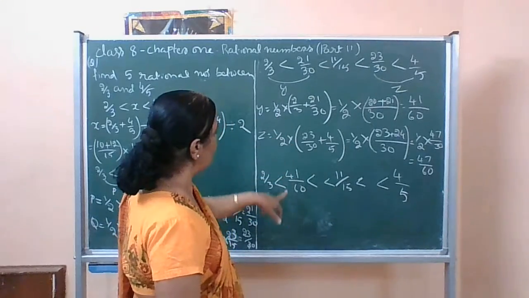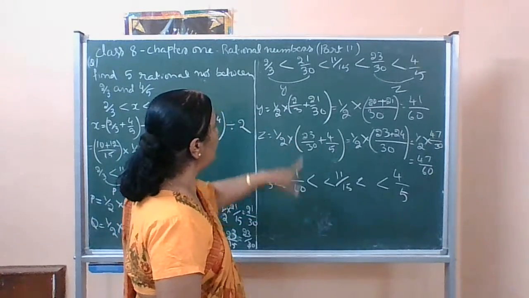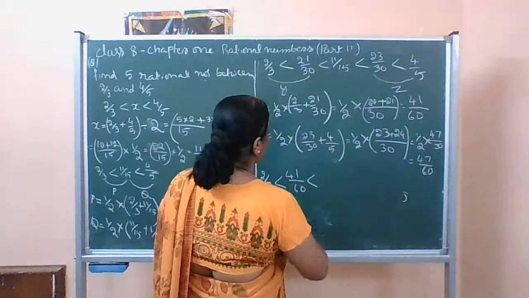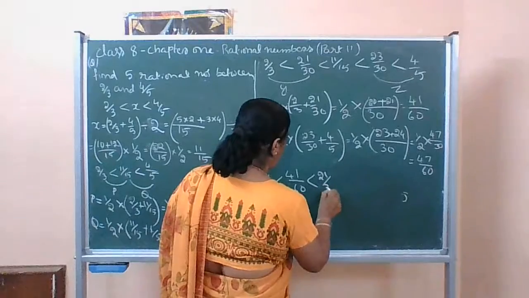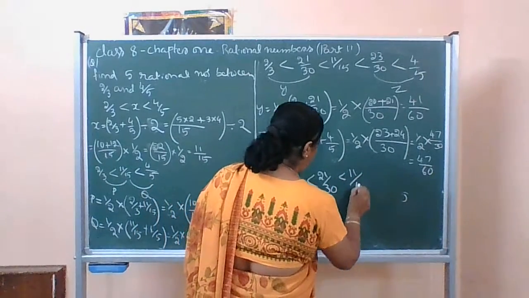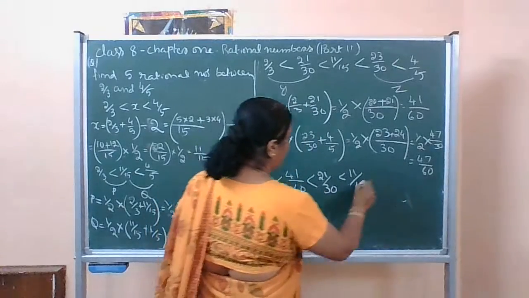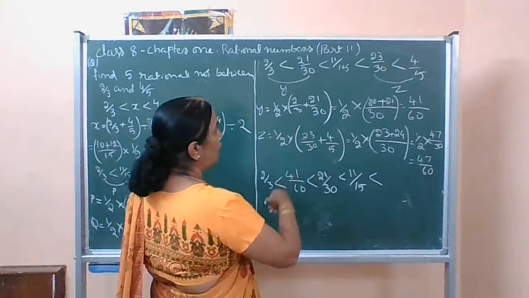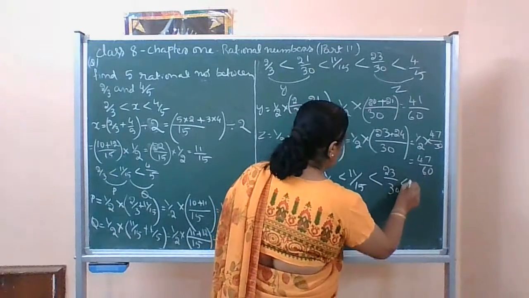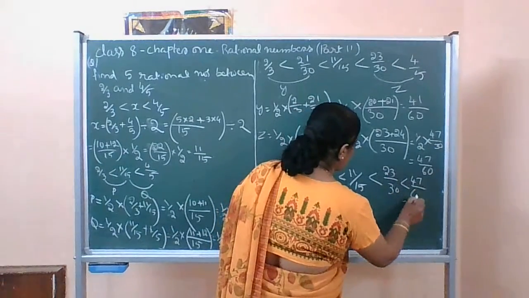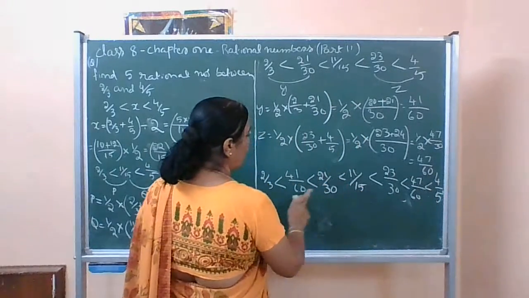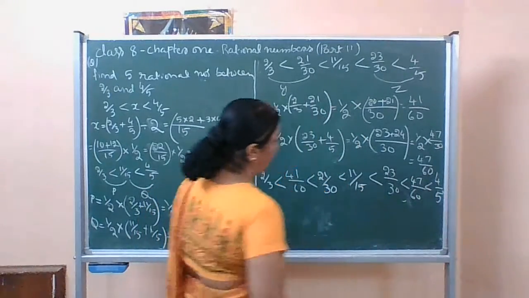Then between these two 41 by 60, then 21 by 30. It is 21 by 30. Again it was 11 by 15. It was 11 by 15, and then after 11 by 15 it was 23 by 30, and here 47 by 60 less than 4 by 5. How many did you get? 1, 2, 3, 4, 5.